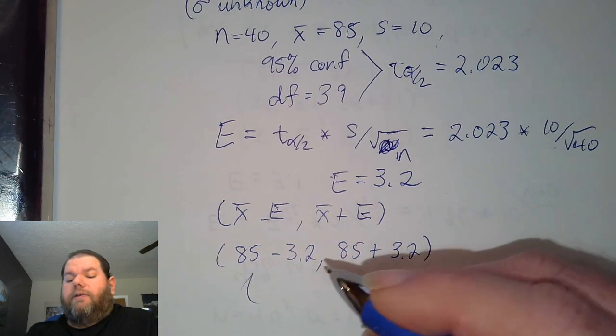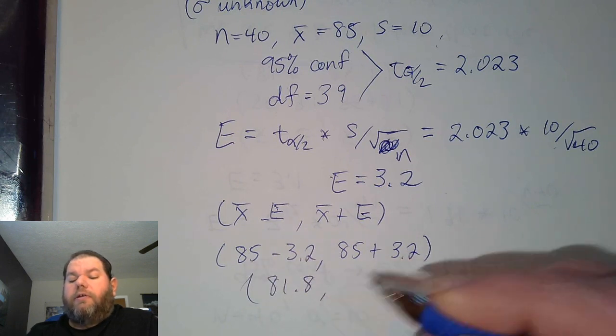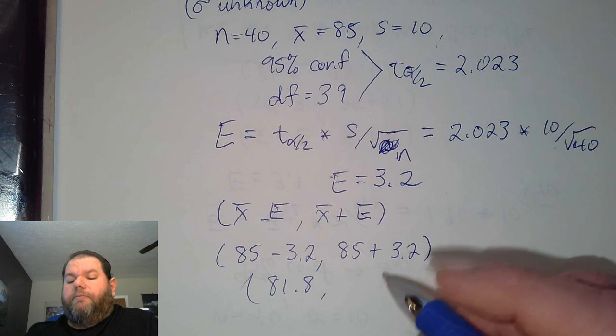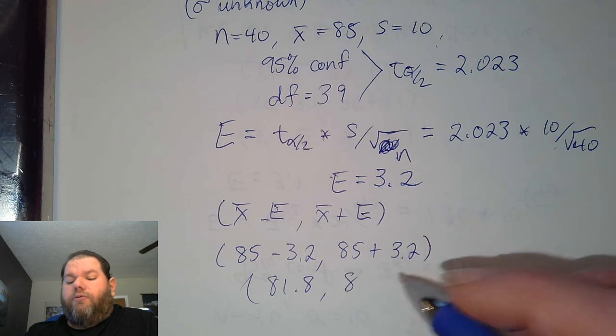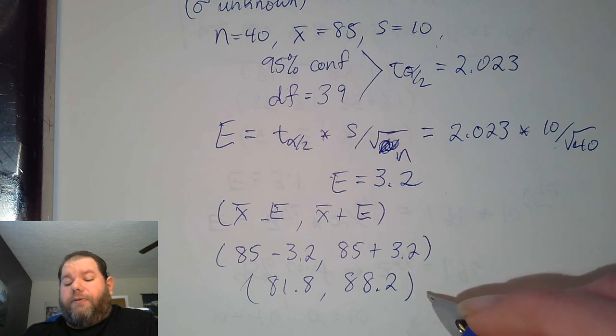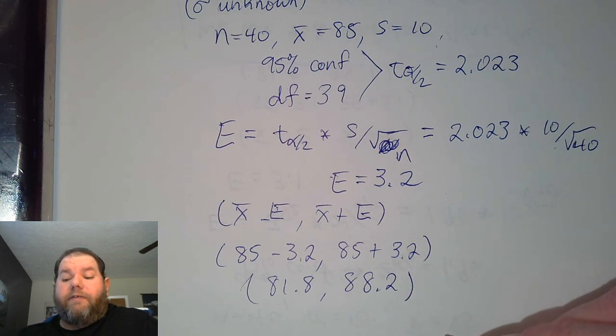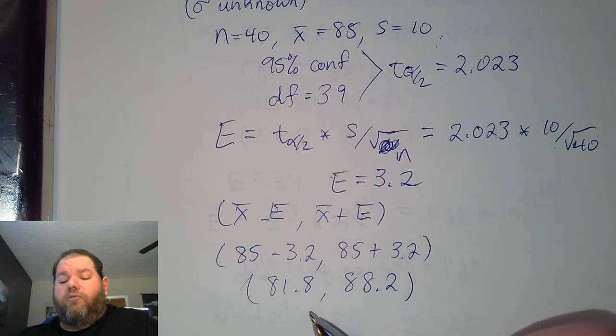So that is 81.8 to 88.2. So we are 95% confident that the mean is between these two values.